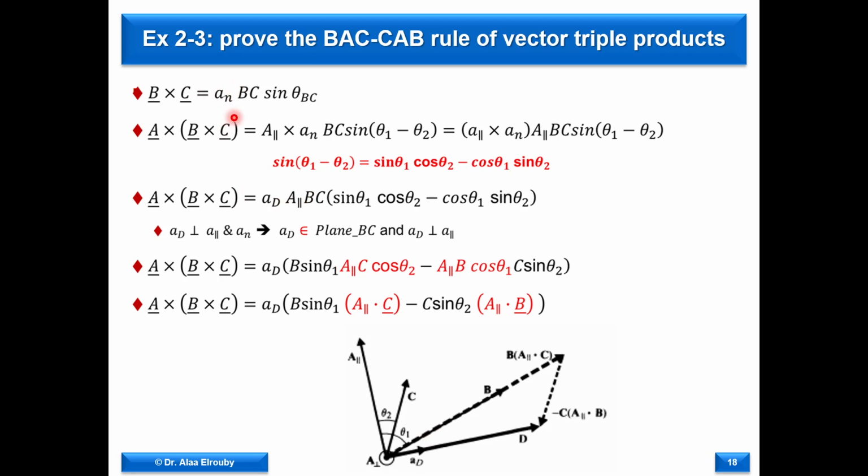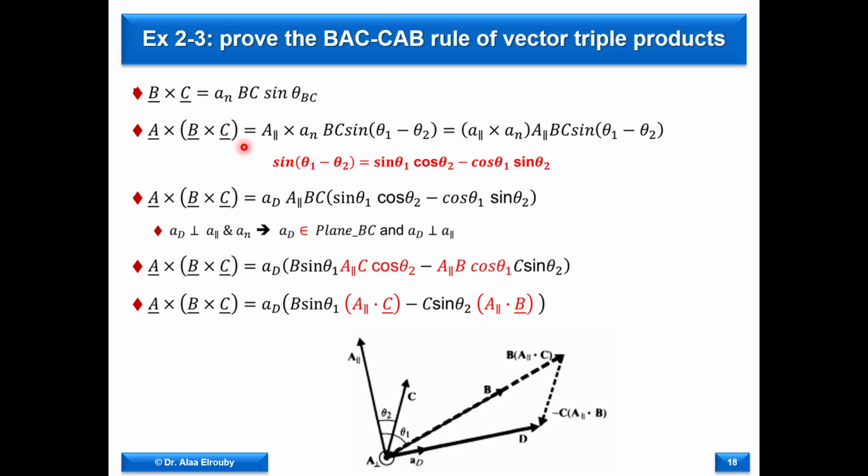And this is in the direction of AN, where AN is the vector perpendicular. So this is AN going out of the screen. This is the direction perpendicular to the BC plane. So we can write it like this.